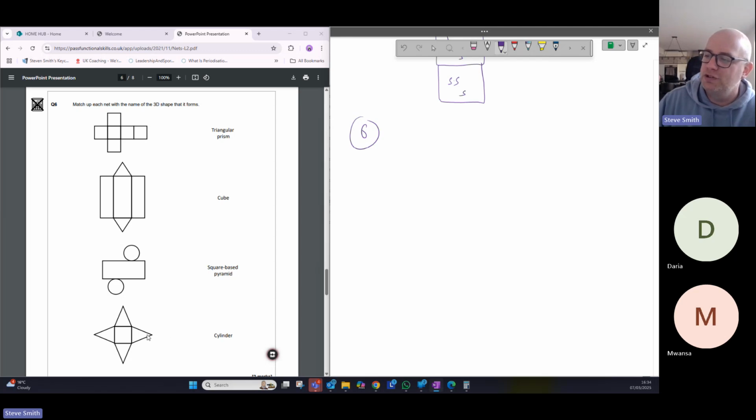So we've got the square base pyramid. We said that's got the square, so we know that one. Tick and tick. We've got a cube because everything is the same. Tick and tick, and we've got 2 left here. If we look at the 2 that are left, we've got 2 words: triangular and cylinder.